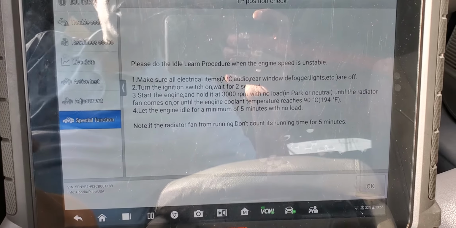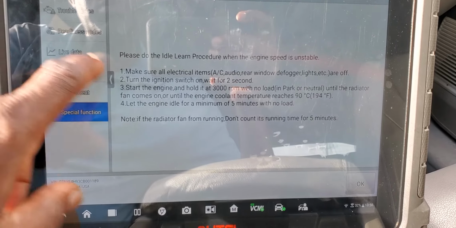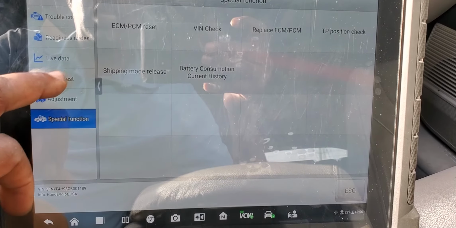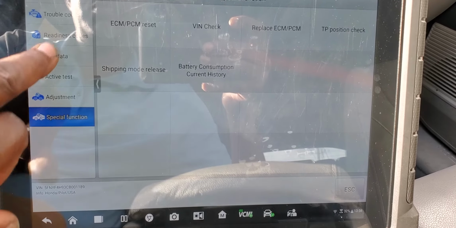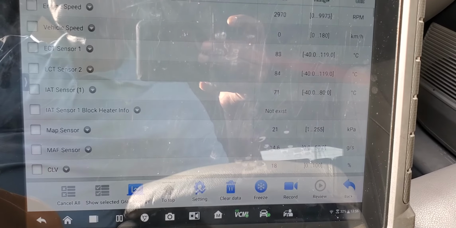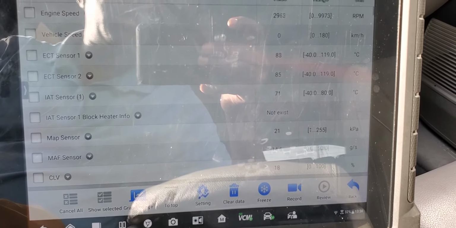I'm going to look for my temperature now. How do you know that? Live data. Okay, live data. Now, where is my temperature?